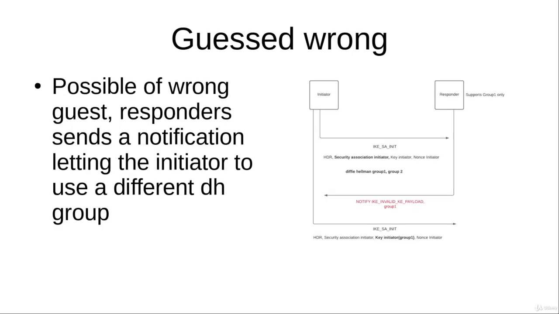That message is a notify message of type invalid key payload. In the event this happens, the responder will respond with a notify message of type invalid key payload. This will inform the initiator to send a different Diffie-Hellman key of group 1, in this example.